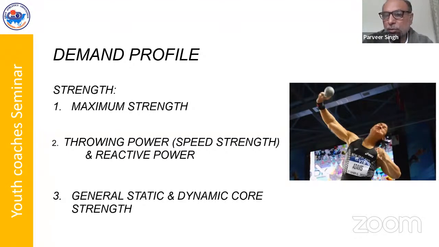And explosive strength or speed strength is how fast you can produce the force. Maximum strength is not restricted to time; it is the amount of force your muscles can produce. But speed strength or explosive strength is time bound, how fast you can produce that force.